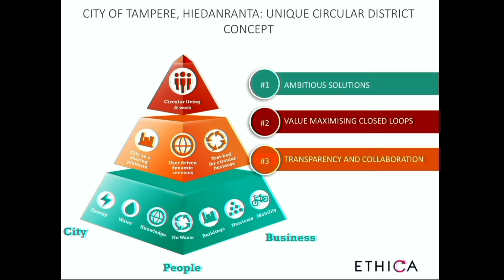We talk about energy efficiency, saving water, zero waste, increasing public transport, increasing cycling. But what else needs to be taken into account if we really want to create not just an ecological district, but a circular district?